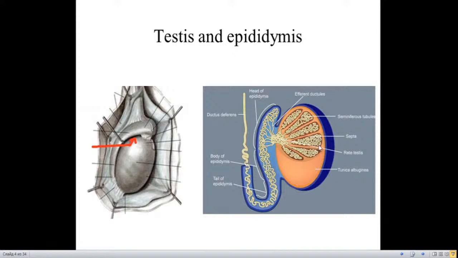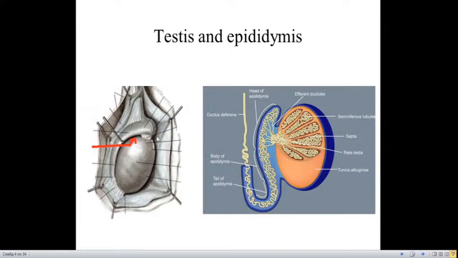It takes place in convoluted seminiferous tubules. After that, sperm goes through straight seminiferous tubules and joins a network of tubules known as rete testis. Then from rete testis the efferent ductules originate, which empty into epididymis, especially its epididymal duct.